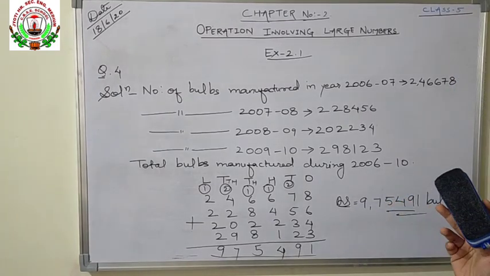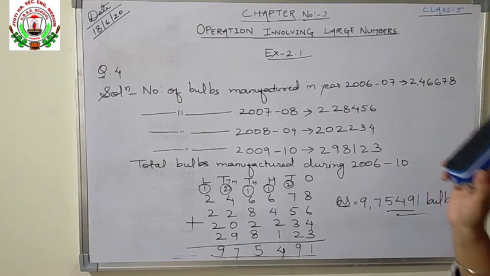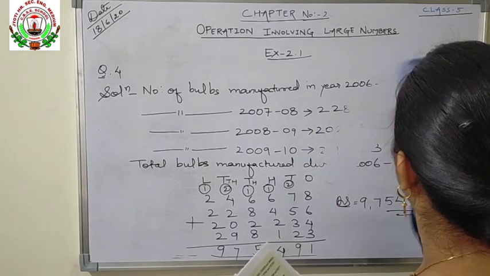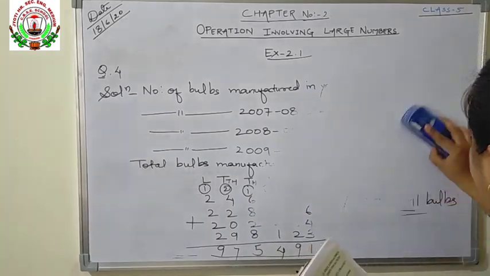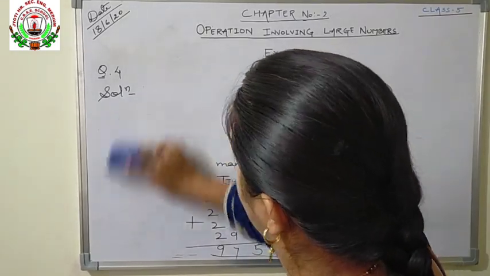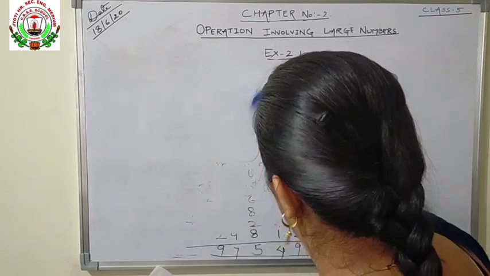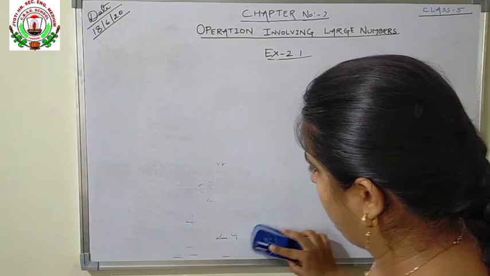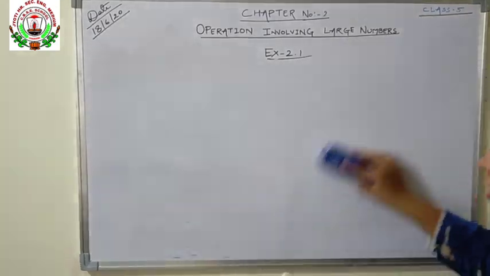Listen children, I am not writing the word problem question. I am reading the question and I am solving the answers. Now, what is question number 5?